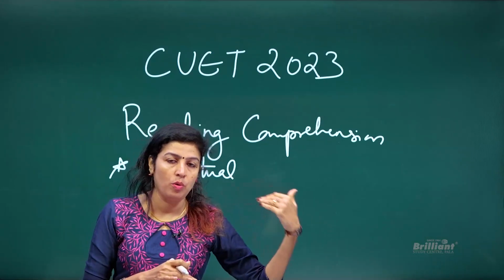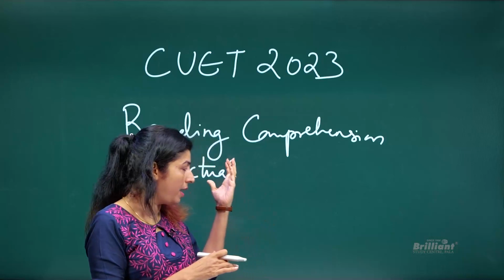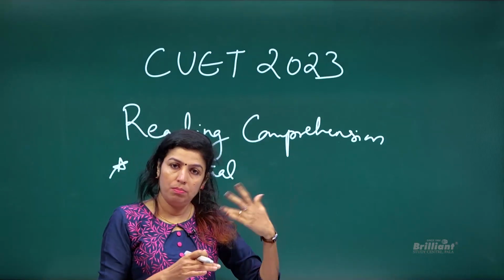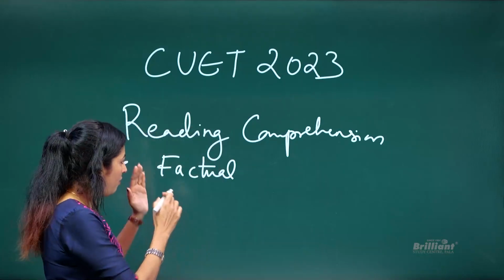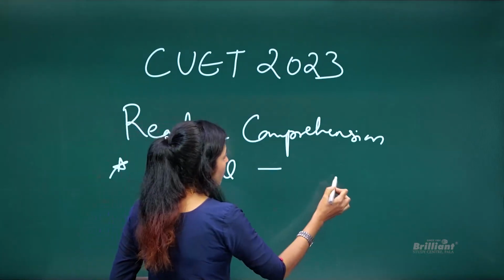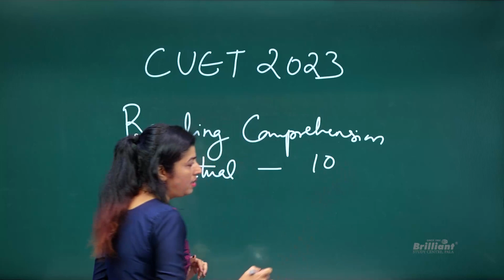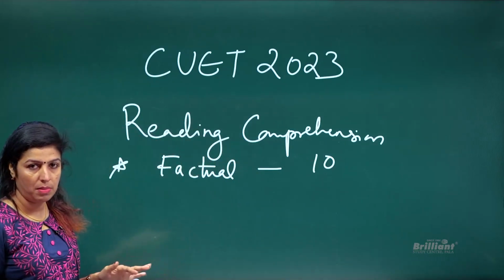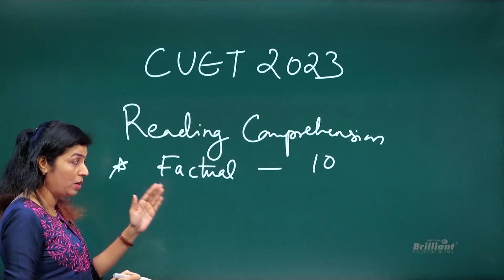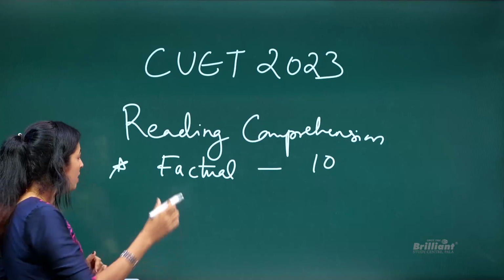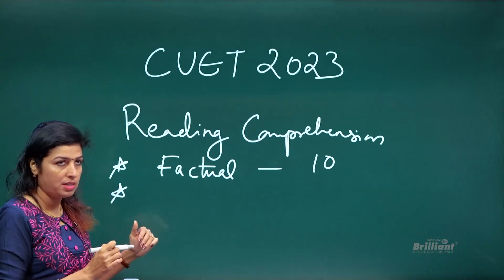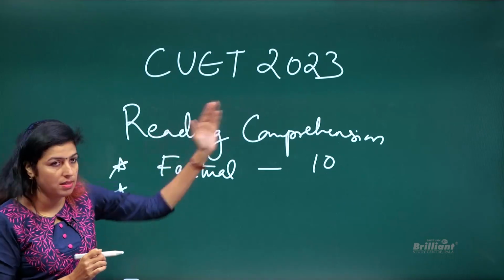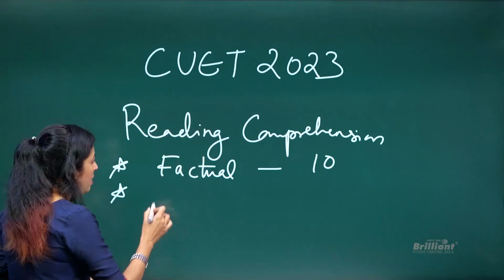So for most passages which are factual in tone, you will probably get the answers quite straight. Factual passages would carry 10 questions, 10 marks. Now the second type of passage that you will get under reading comprehension is narrative.